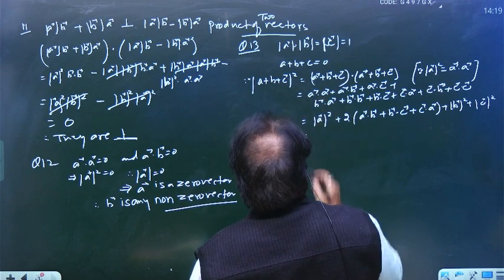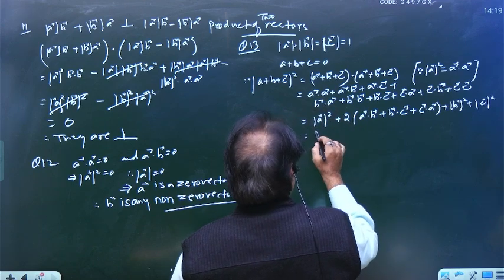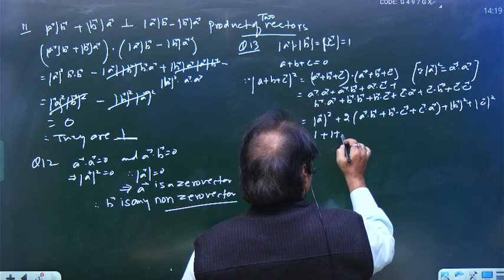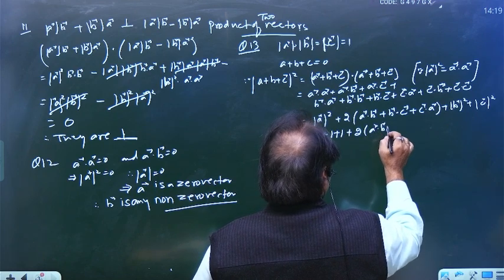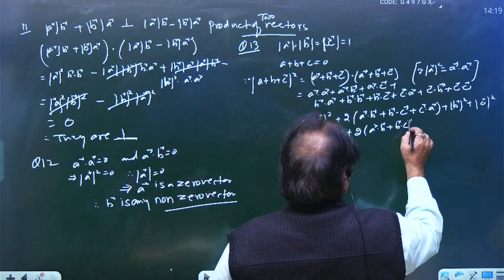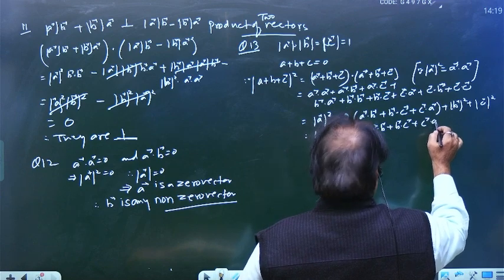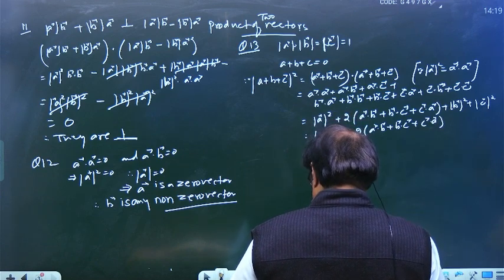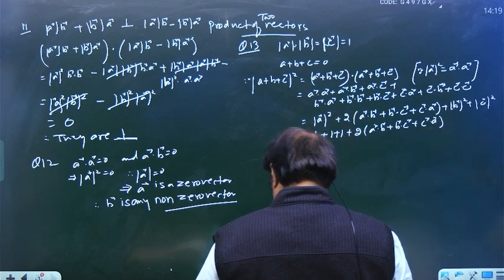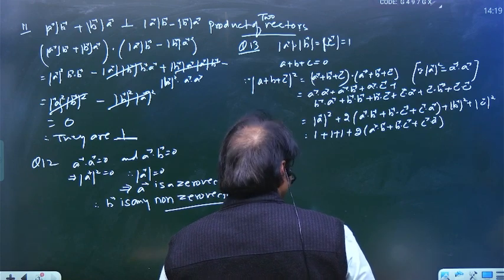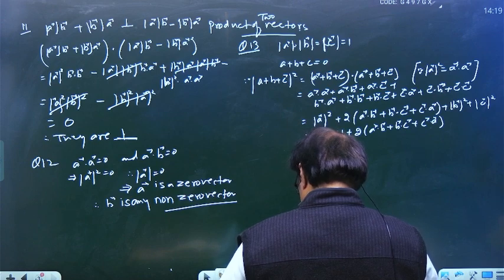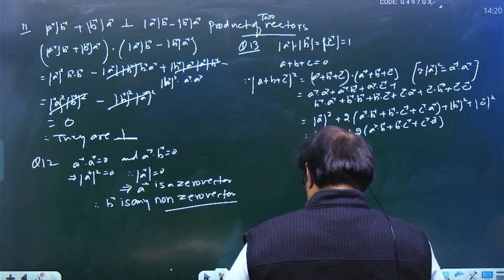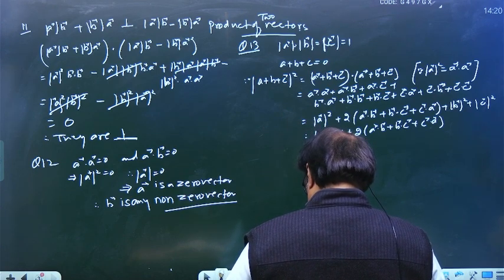As per the question, these are unit vectors. So 1 plus 1 plus 1 plus twice of (A dot B plus B dot C plus C dot A), okay, and A plus B plus C.